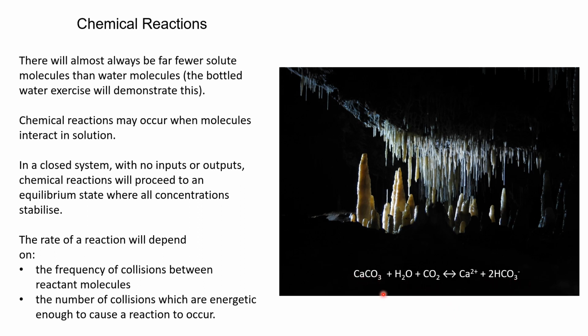You will have the reaction going from the left, from having limestone bedrock, that will be dissolved and it will go to the right, and in the water system above the cave you will have dissolved calcium and dissolved hydrocarbonate. And then when you get into the cave, this reaction goes the other way, and this dissolved calcium and hydrocarbonate releases carbon dioxide and water and forms calcium carbonate again, this time in the form of stalagmites and stalactites. So I'll use that example in the next few slides. First of all, talking about the rate of chemical reactions.